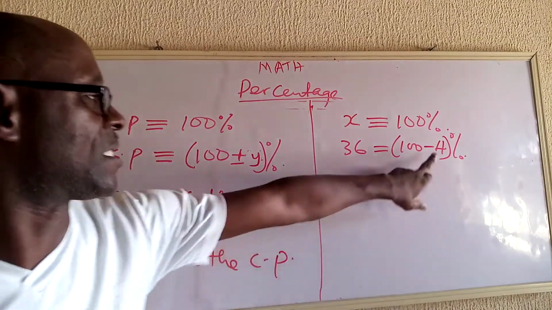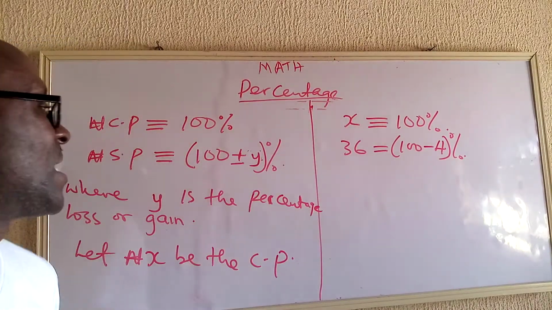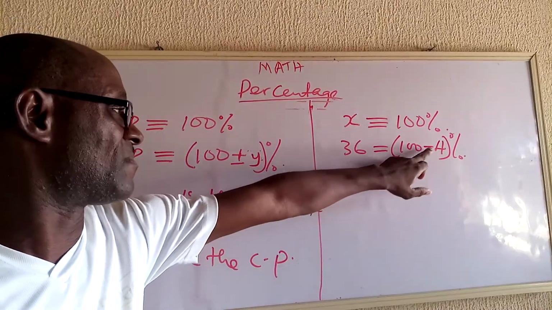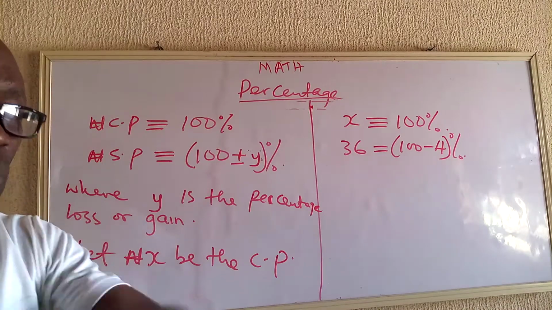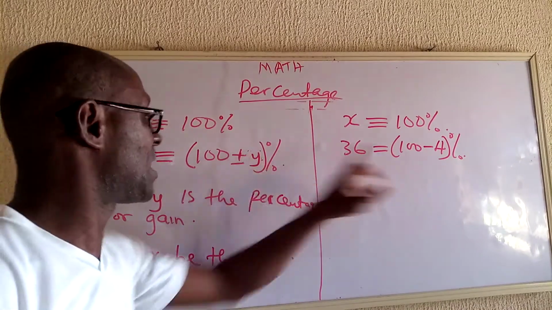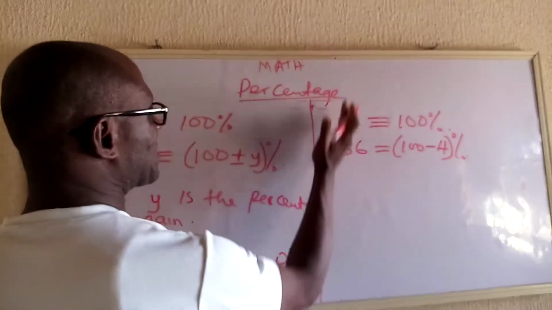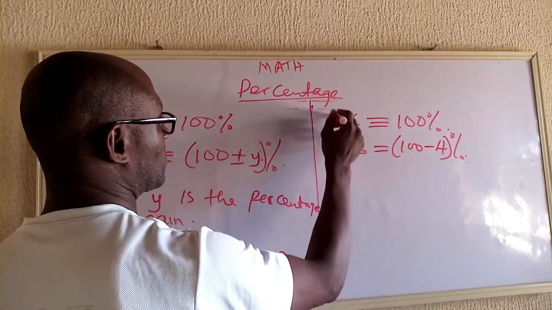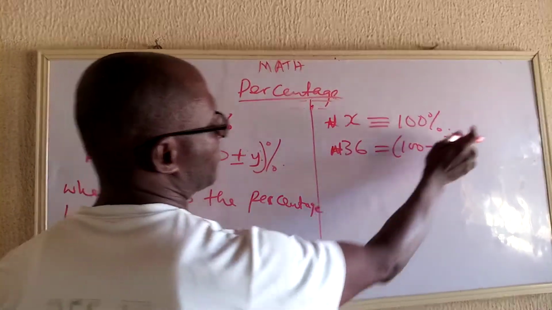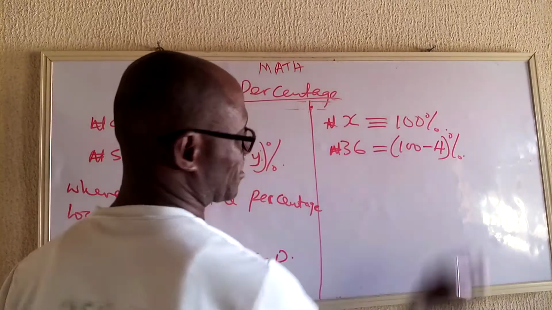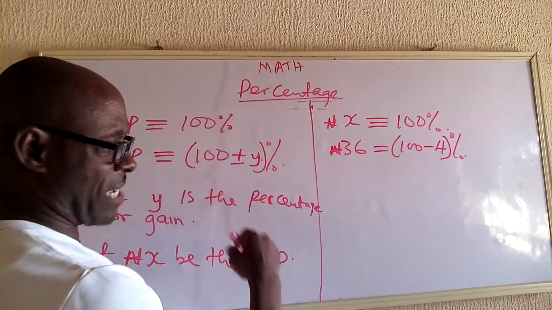That 4 is this. Because it is a loss, that's why it is minus. If it were to be a gain, it is this plus I will put here. So you can see that I place naira under naira, percentage under percentage. So you must not mix them up.